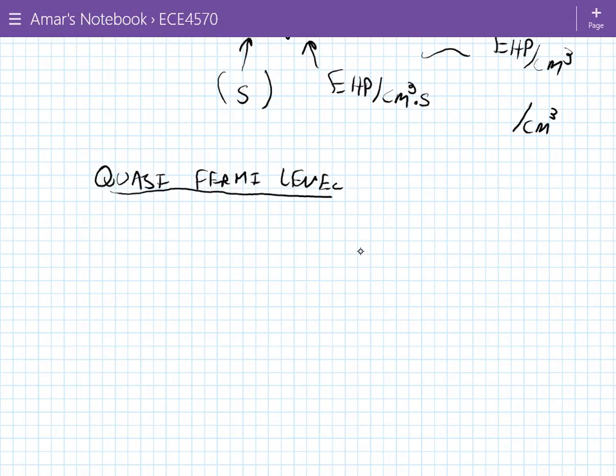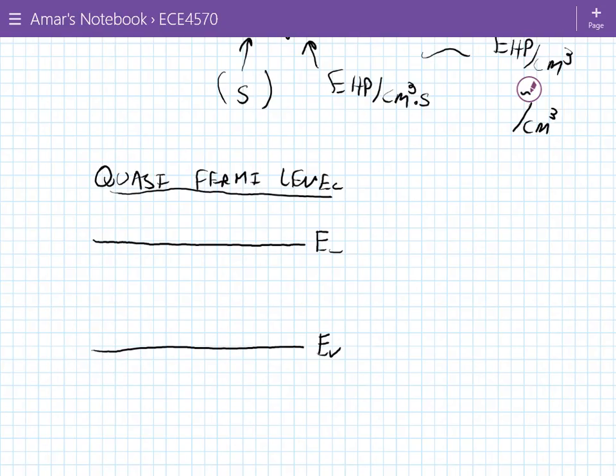Let's start off with the band diagram before irradiation. So we have EC, EV. We can draw in here Ei. And we can put the location of the original Fermi level.